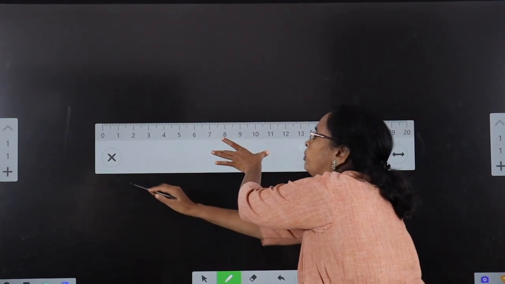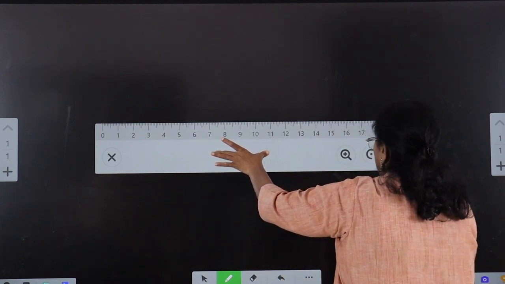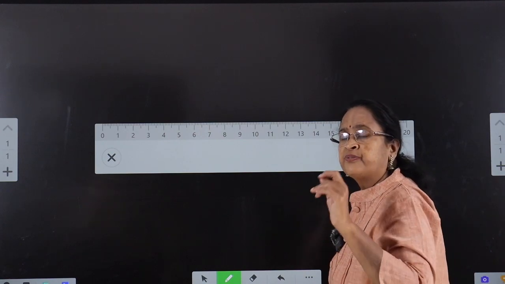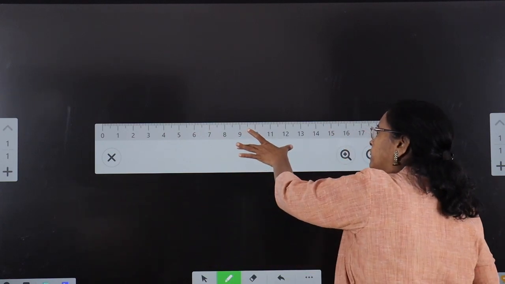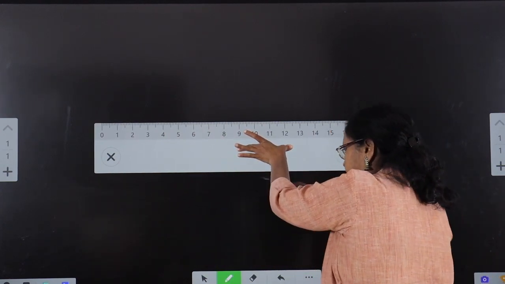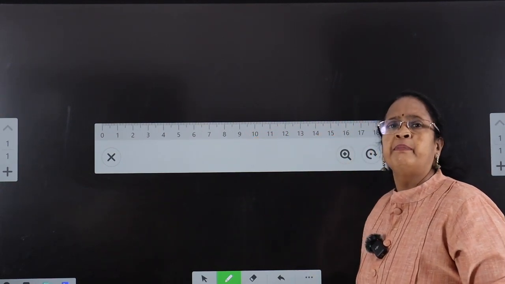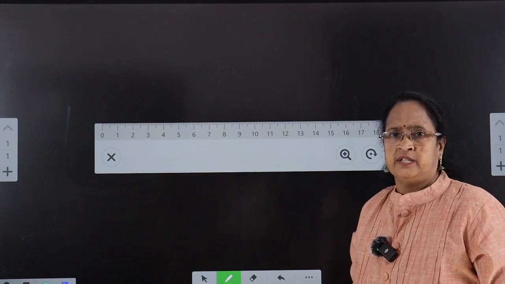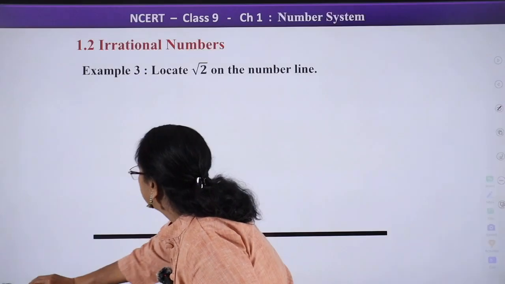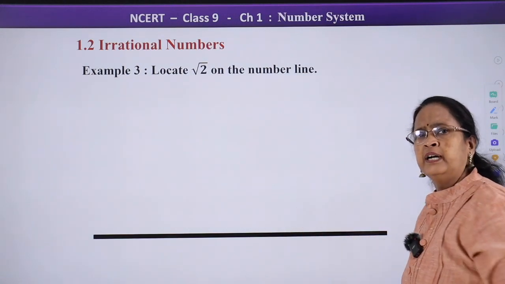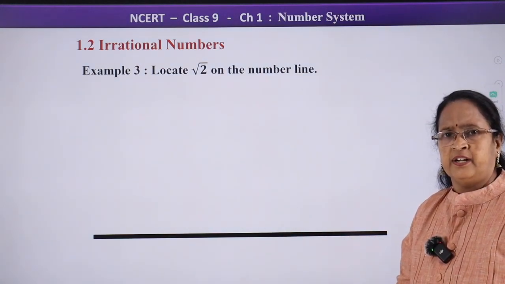Never hold the ruler and draw the line from the bottom. Is it clear? This is very important. If you draw the line from the bottom, there are many chances that the line may not be straight. So, you will hold the ruler and draw the line. That is the first thing.